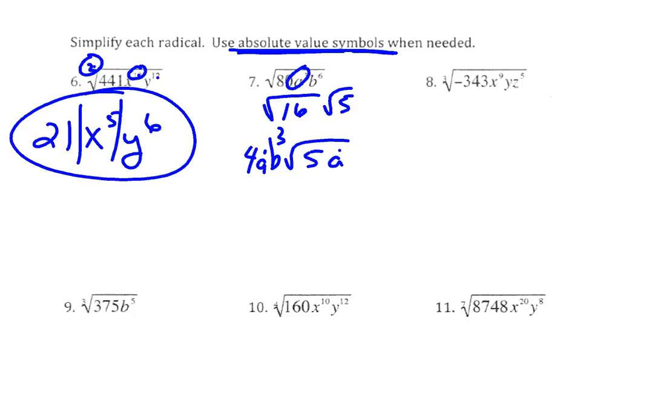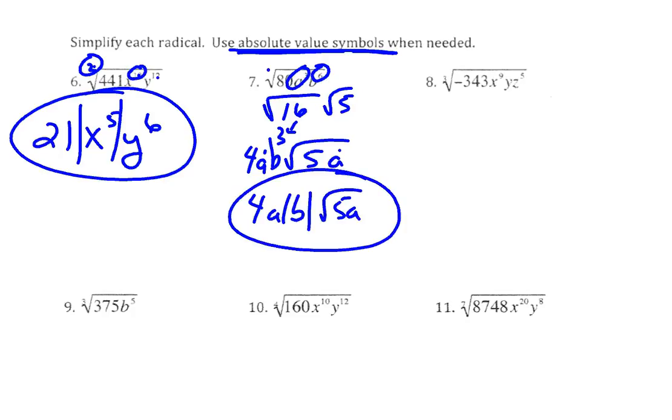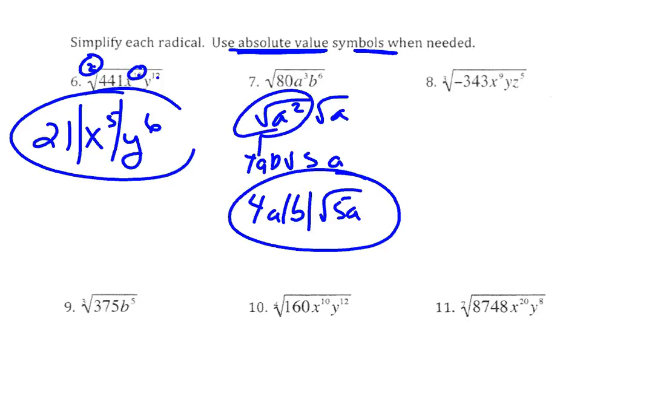Now, is there any need for absolute value? Well, it was an even index. It was 2. This was even. The 6 was even. And there's an odd right here. So it should have been 4a. Absolute value would be square root of 5a. Okay, so that a to the third on the inside, I thought of that as the square root of a squared times the square root of a. And that part right there turned into the a on the outside.